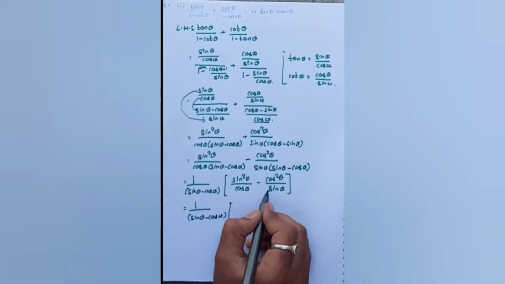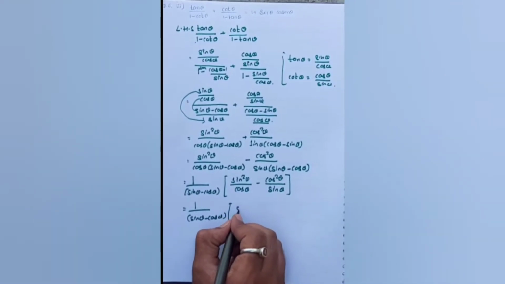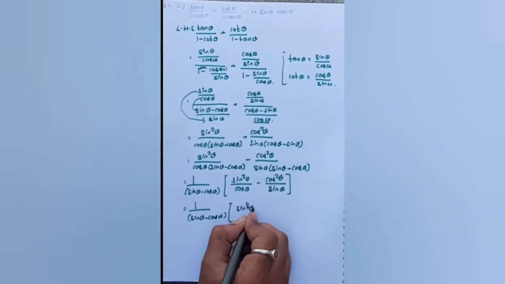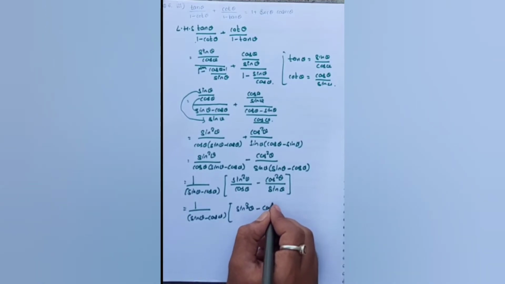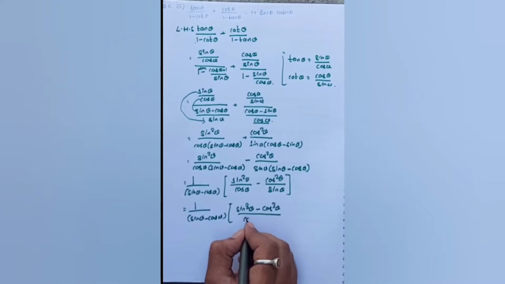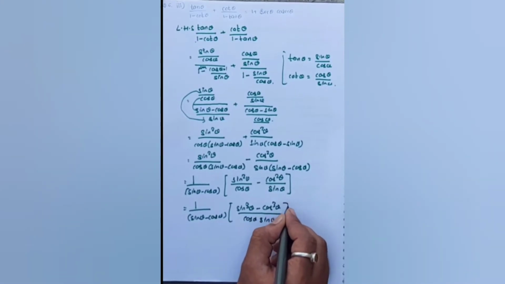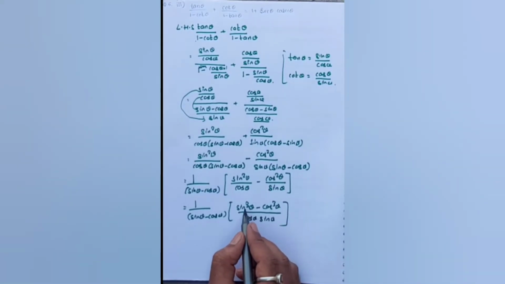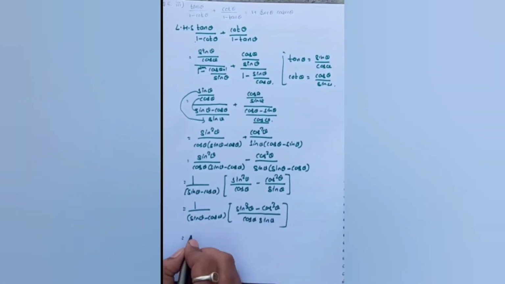So here make cross multiplication: sin square into sin is sin cube theta, minus cos into cos square, cos cube theta, this divided by cos theta into sin theta. And see here sin cube minus cos cube is in the form of a cube minus b cube.